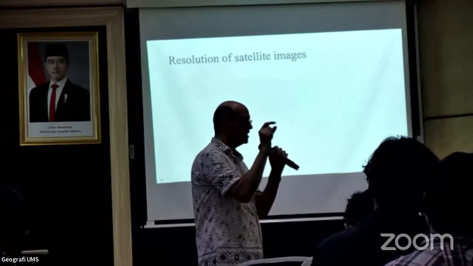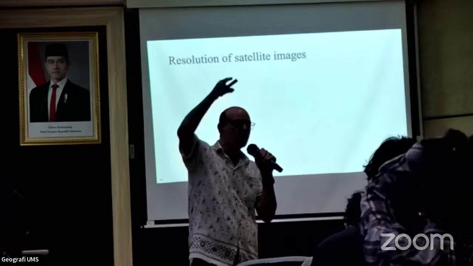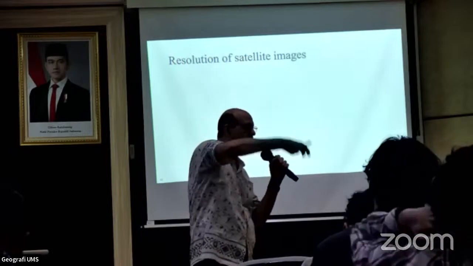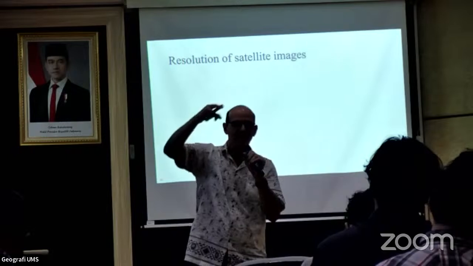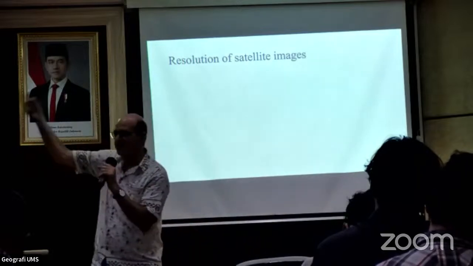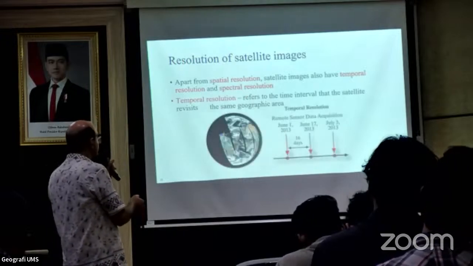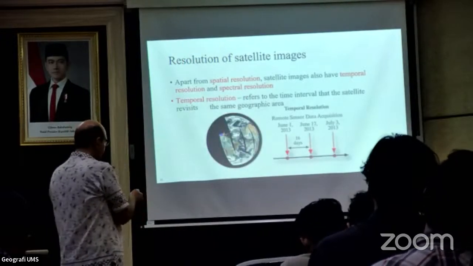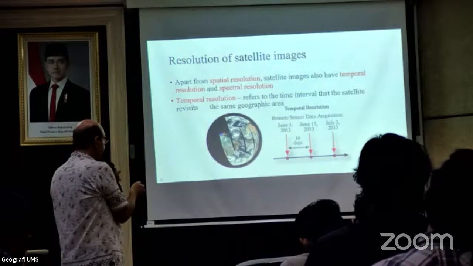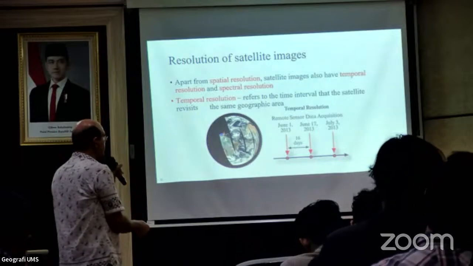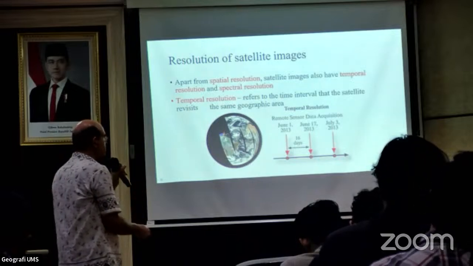Spatial is cell size. Temporal is how frequently it's visiting the Earth and capturing the data: after a day, after an hour, after a month, after a year. That is temporal resolution. Here, spatial resolution is cell size, and temporal resolution is, say, June 1, 2023, 60 days.